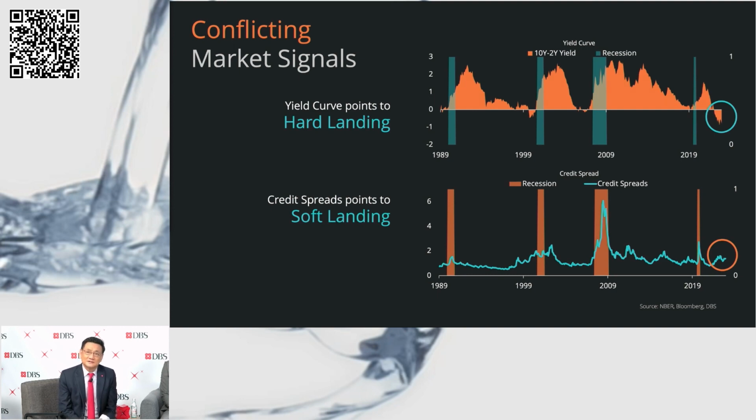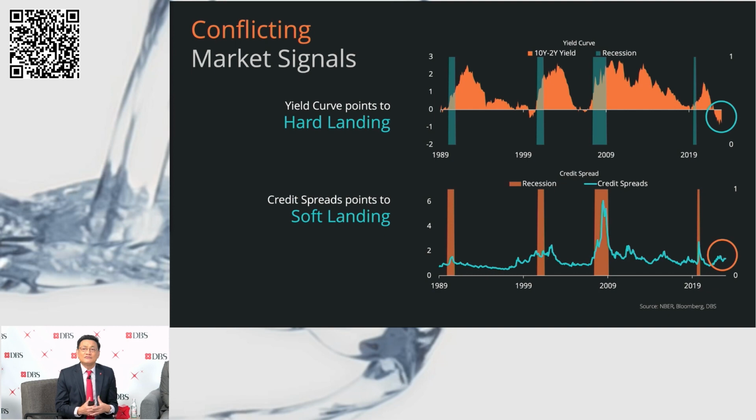However, looking at the chart below, the credit spreads, which is really a measure of default risk, suggests a more sanguine view. When compared to the much wider credit spreads in the past that have been followed by hard landing scenarios, current credit spreads point not towards a hard landing, but rather a soft landing.